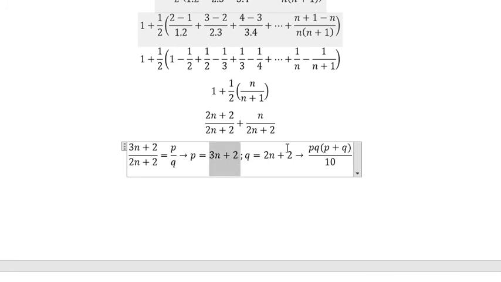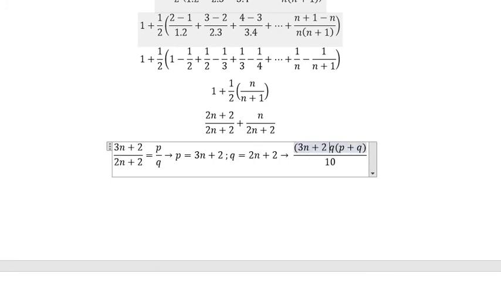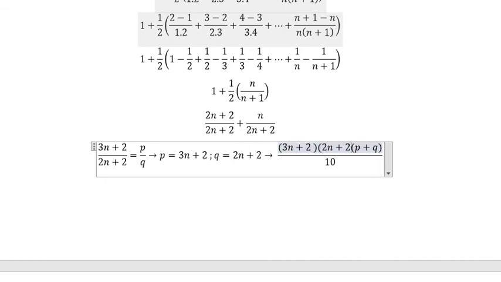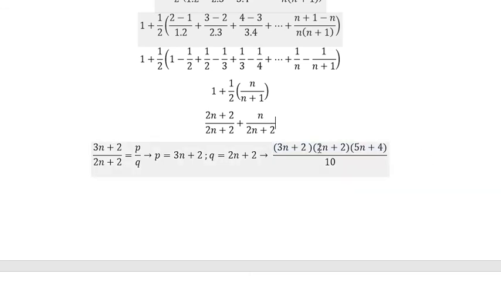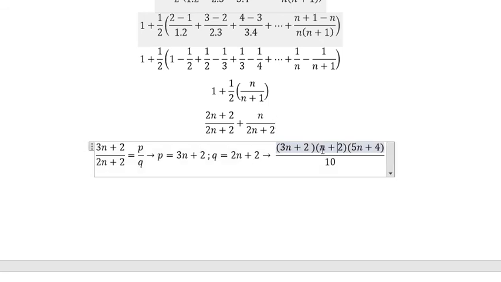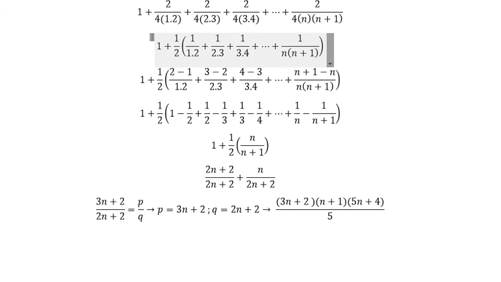Here, 3n plus 2n is 5n. 2 plus 2 is 4. Now we have 2, we divide by this one, so you eliminate. So you get 5. And this is the final answer of the question. That's it, the end. Thank you for watching.